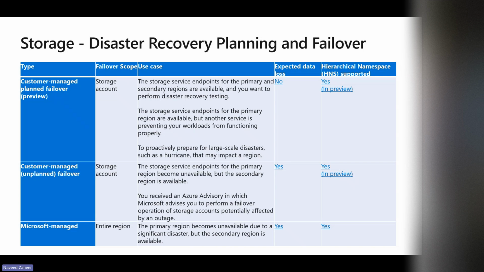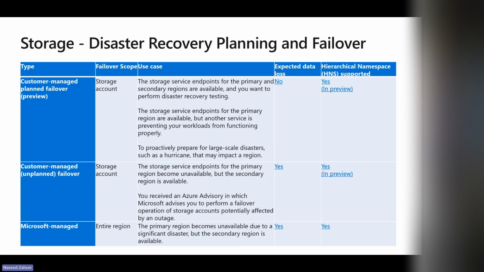So let's say that you were copying 10 files, 1 to 10, into your primary location. Let's say you copied 6 files, and 6 files have been replicated onto the secondary region.